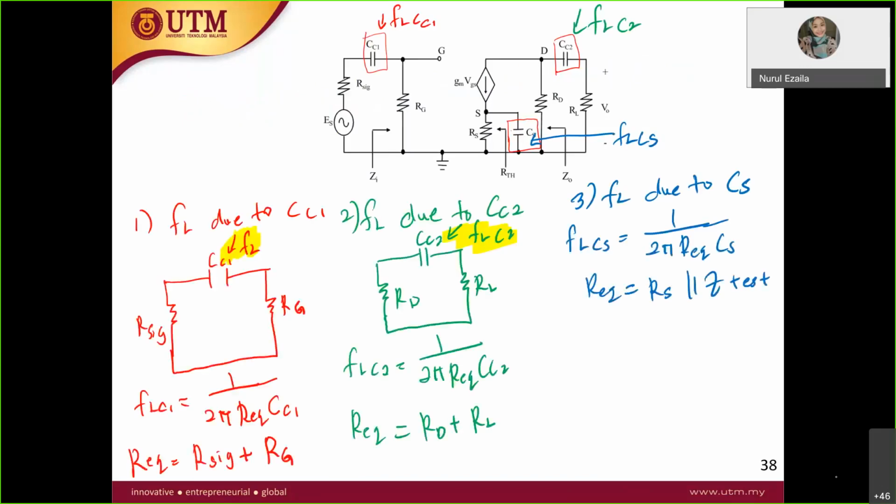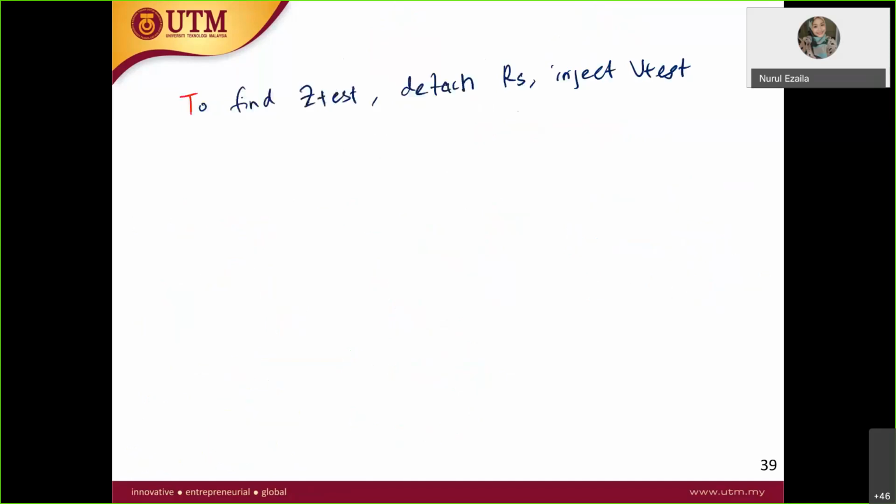At this particular point, you detach RS and you inject V-test. So let's do it over here. It is actually like this, so I draw it again. You have GM VGS and also V-test, and here you already detach your RS.